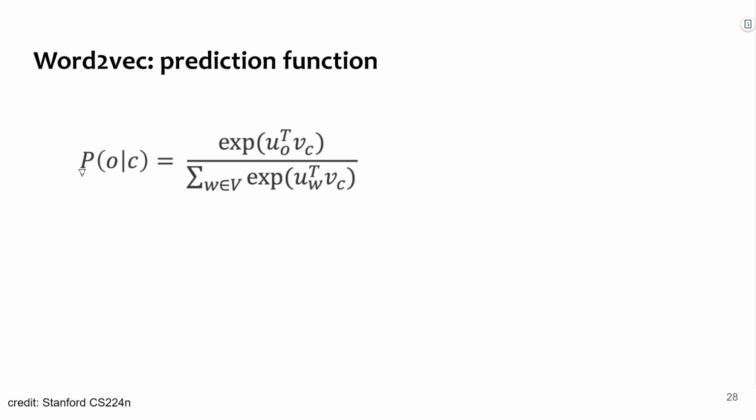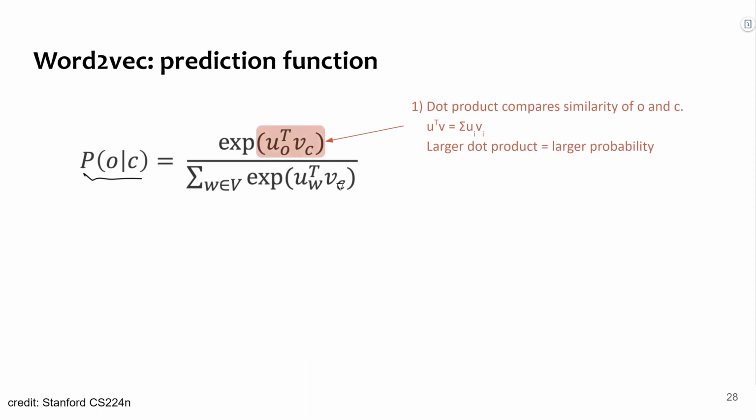Okay, let's talk about this probability in more detail. This is the dot product between the context vector and the center vector. This dot product compares the similarity of O and C, and a larger dot product means a larger probability and higher similarity.